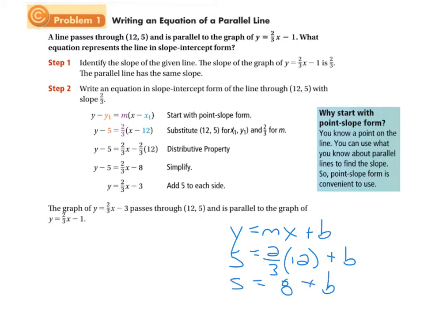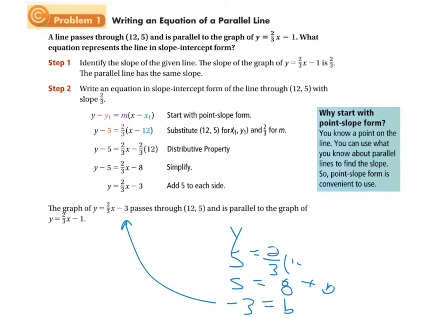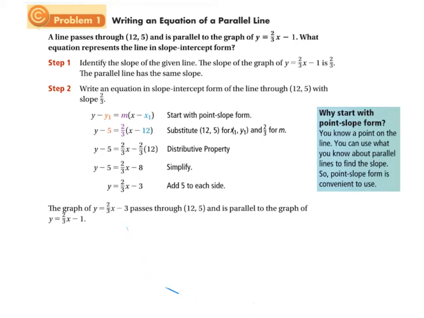Subtracting 8 from both sides, we would find that b was equal to -3, just like we have here. So that's another way you could do it that we had actually gone over at one point. Because remember, for y equals mx plus b, there's 4 variables, and if you know 3 of them, and you did know 3 of them, you knew the slope and an x coordinate and a y coordinate, you can solve for the last one.